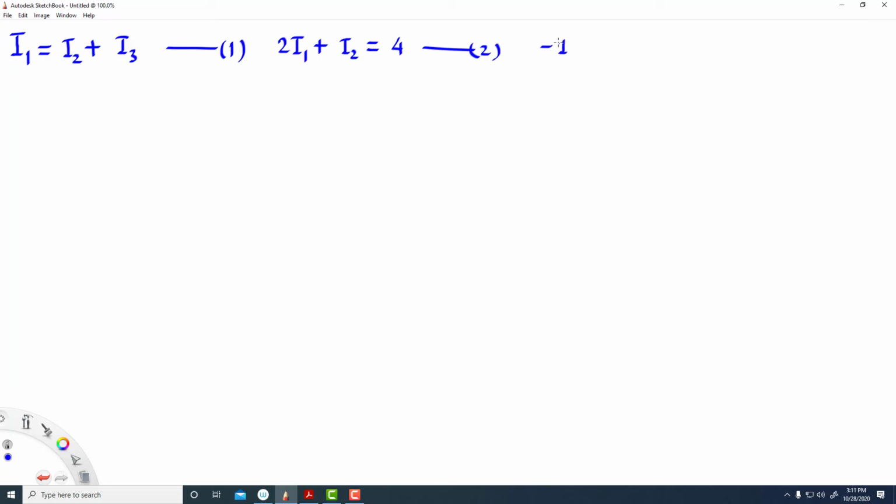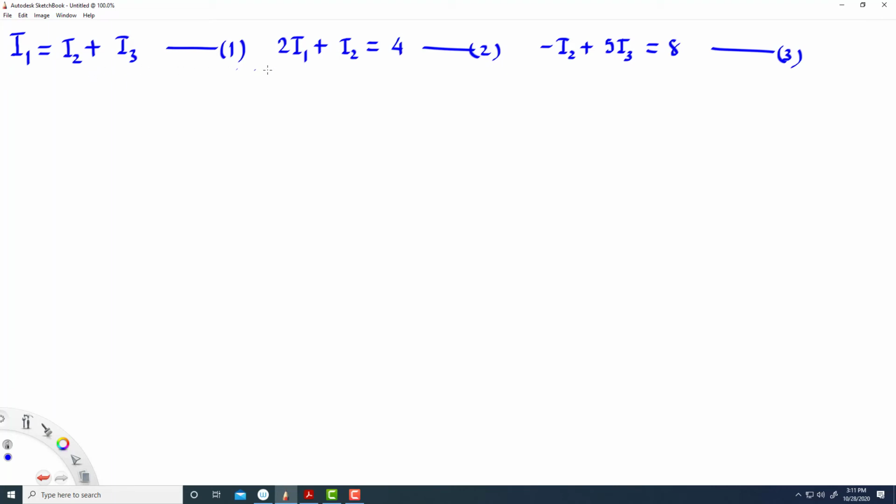And negative I2 plus 5I3 is 8, equation 3. This one is in terms of I1 and I2, and this one is in terms of I2 and I3. We want to make them uniform, to write the equations in the same variables.